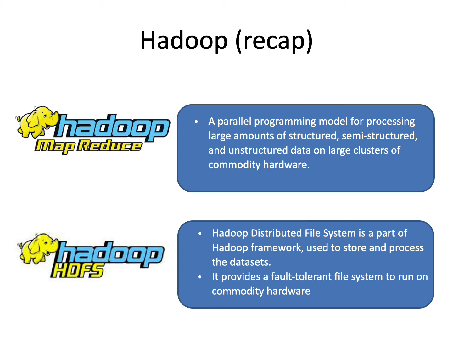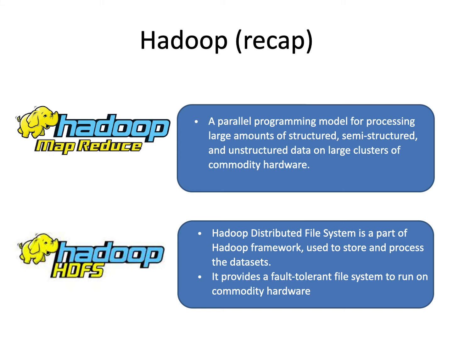MapReduce is a parallel programming model for processing large amounts of structured, semi-structured, and unstructured data on a large cluster of commodity hardware. Similarly, HDFS, the Hadoop Distributed File System, is a part of the Hadoop framework, which is used to store the data sets, and it provides a fault-tolerant file system to run on commodity hardware.